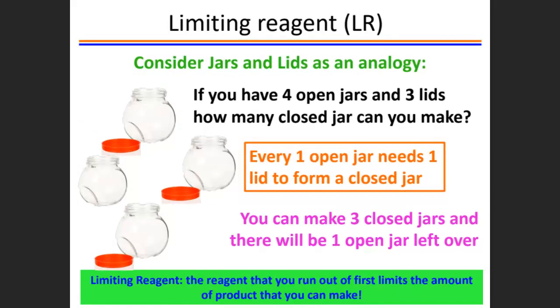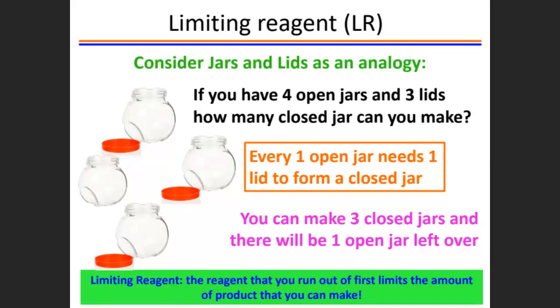As we said, today we are going to learn about the limiting reagent or excess reagent. First, let's make some basics with an example. Now let's consider that we have 4 jars and 3 lids. It's very simple: if you have 4 open jars and 3 lids, how many closed jars can you make?